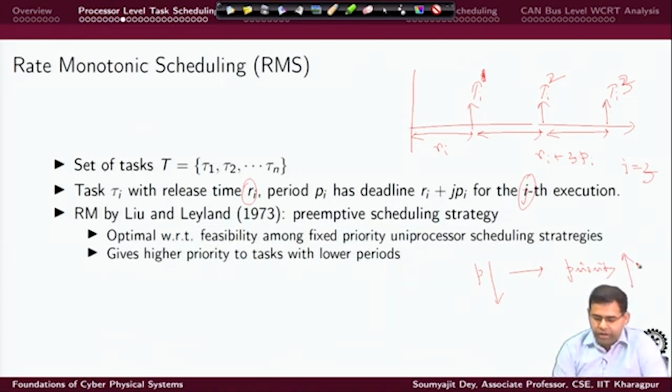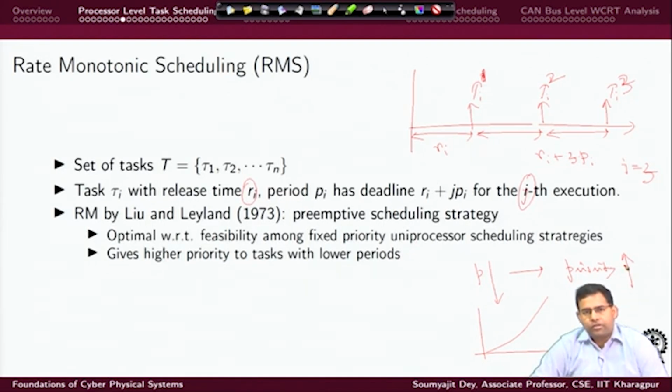So, why do I call it rate monotonic? Lower period means higher rate. I mean, the frequency of tasks is higher. So, with higher rate you have higher priority. It is as simple as that. You have a set of tasks with varying periods, the one with the highest rate or lowest period will always have the highest priority here.